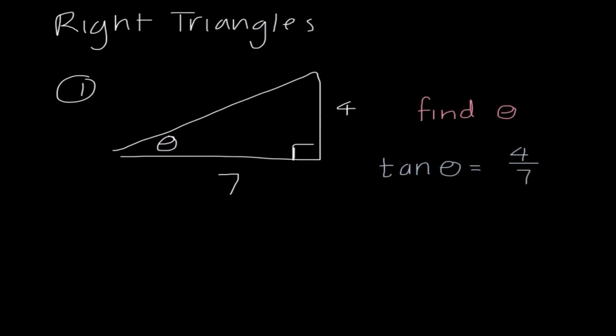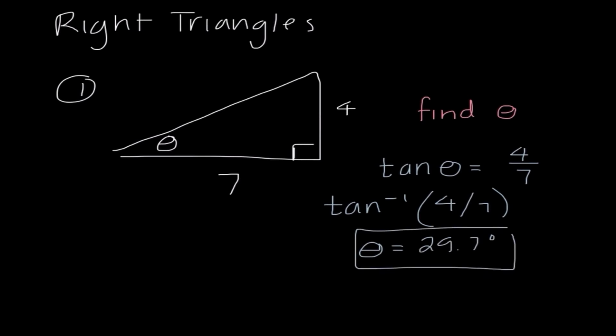Now, just like we practiced earlier, I know when I'm finding an angle, I need to use tan inverse, and I'm going to put 4 divided by 7 into my calculator. And I end up getting that theta is equal to 29.7 degrees. And that would make sense that this angle is smaller than this angle because 4 is smaller than 7.